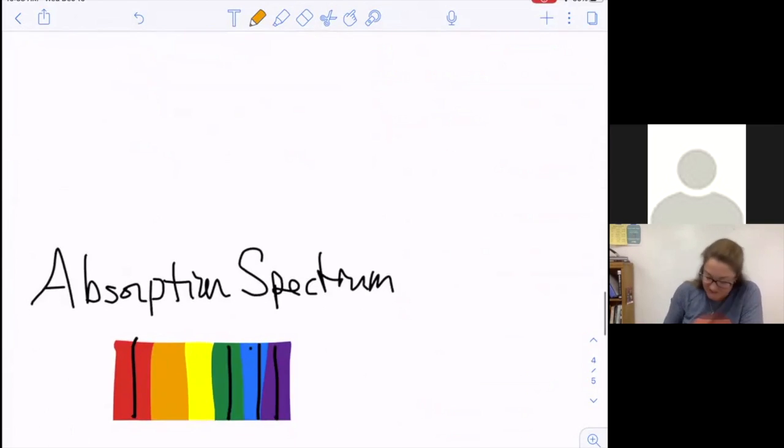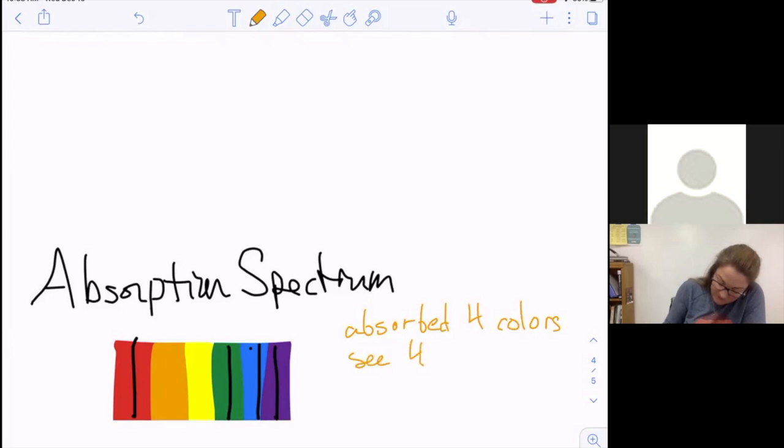So the absorption spectrum, it absorbed 4 colors. And so where it absorbed those 4 colors, we see 4 black bands on a full rainbow spectrum.